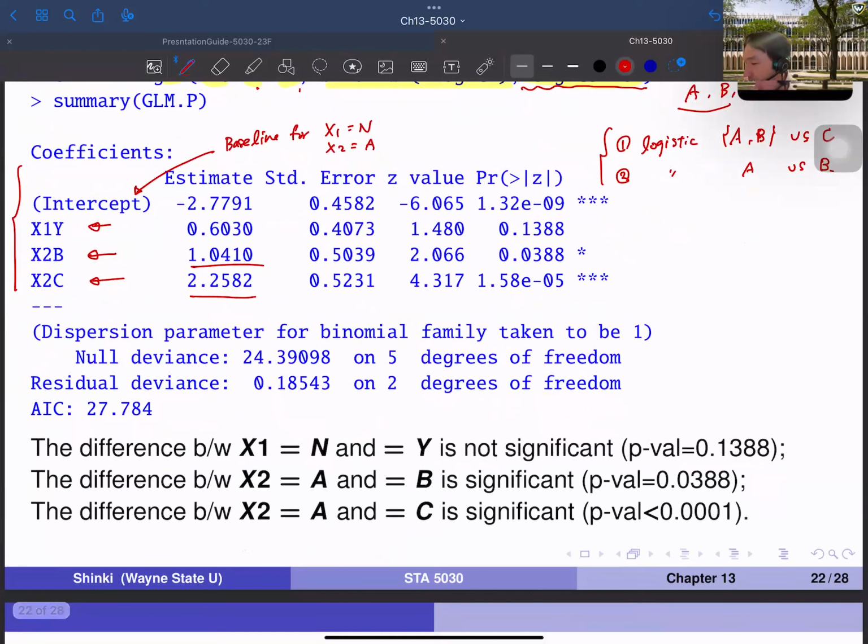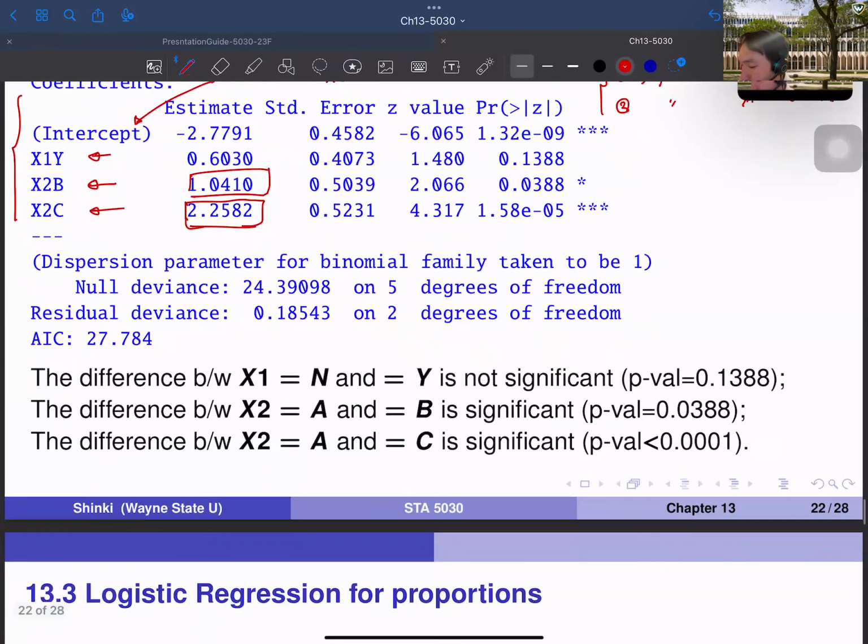In terms of the transformed probability, b is 1.04 higher than the baseline a, and c gives 2.25 higher transformed probability than x2 equal to a. You can see that these two are significant.